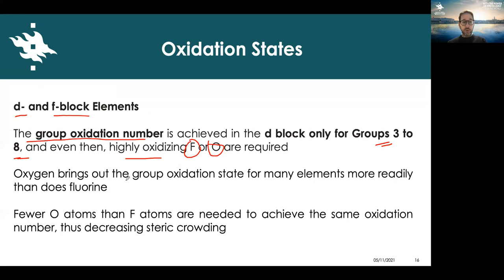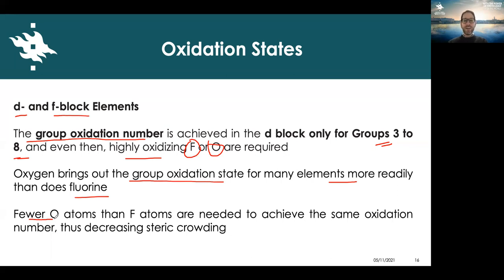So oxygen can bring the group oxidation states for many elements of this part of the D block, from group 3 to 8, much more easily than fluorine, because fewer oxygen atoms are needed in a compound to raise this oxidation number, as oxygen has oxidation number of 2 minus, while fluorine is 1 minus.